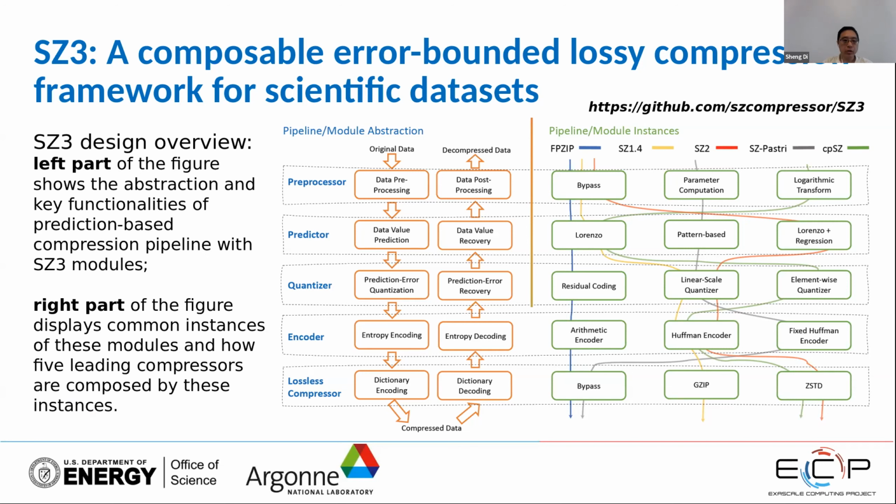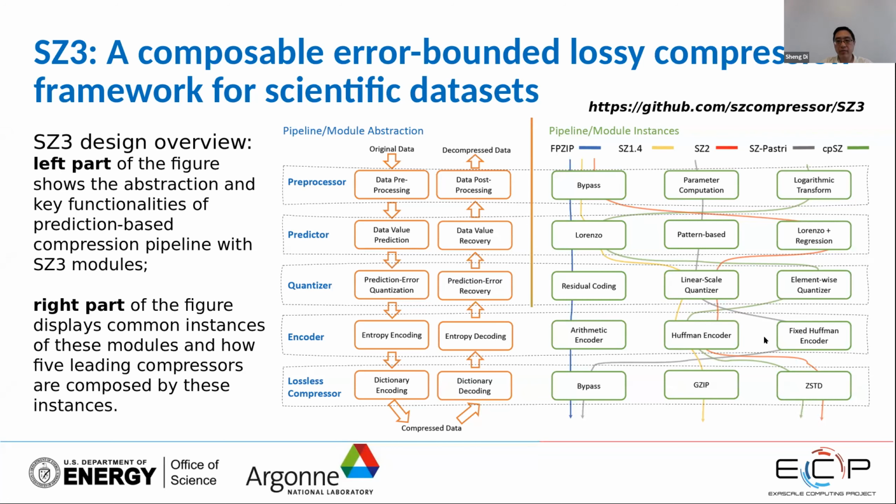In SZ2, since SZ2 is coded in the C programming language, all the components and the compression stages are tightly coupled, such that the users cannot flexibly play with the different compression stages to customize new compressors. In SZ3, it is very convenient. So here is an example.